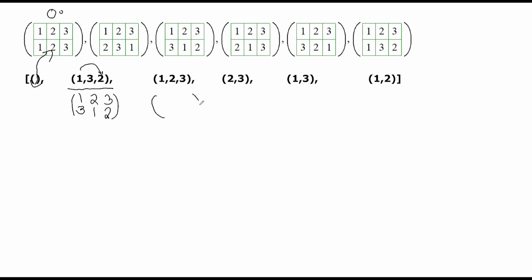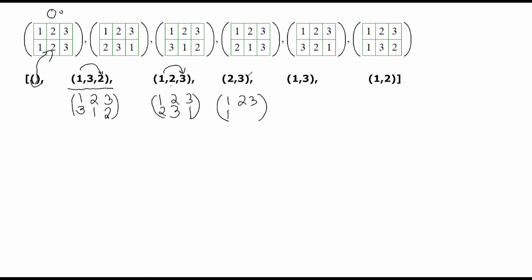Likewise here, this is in order, so it will be easy. 2 moves under 1, 3 moves under 2, and then 1 goes ahead and moves under 3. Now here we have only 1, 2, 3 written. That means 1 is fixed.